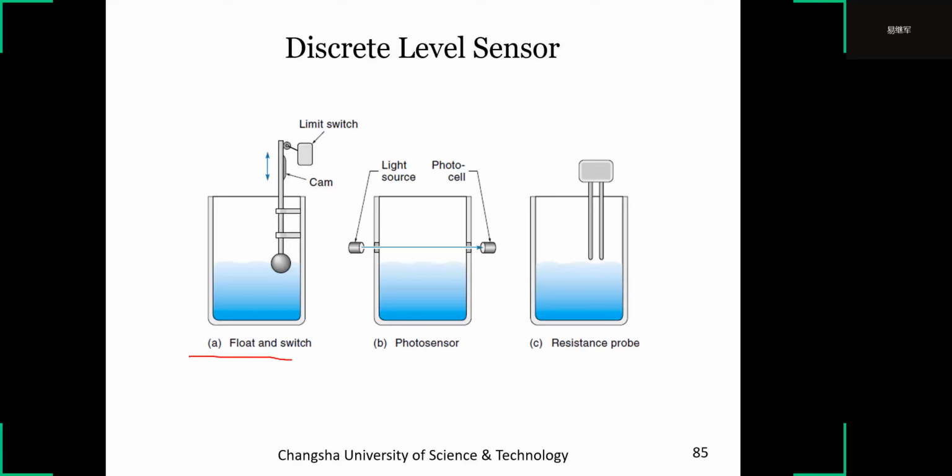When the level is high, the switch is triggered by this cam. This is a photo sensor. When the level is higher than this position, the light beam is interrupted.